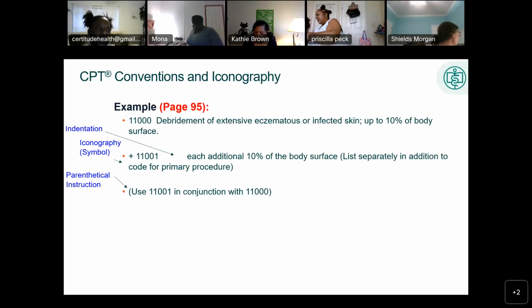All right, let's go back to page 95 just so we can look at what a CPT code looks like. Page 95.